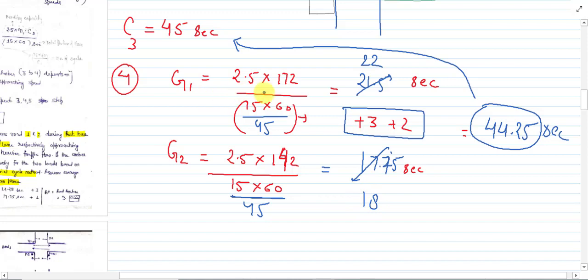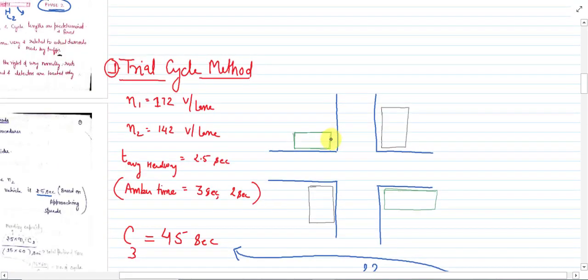Now we have G1 equal to 22 seconds, G2 equal to 18 seconds, and the amber time is 5. After the sum of these values, we will get exactly 45 seconds. So this is the concept behind the trial cycle method.